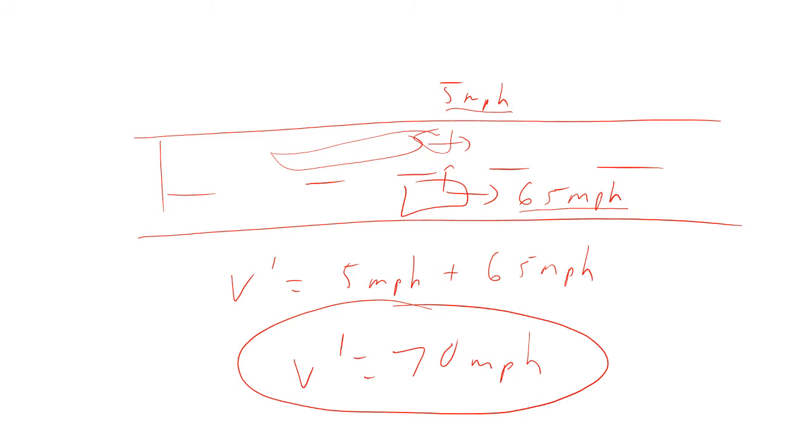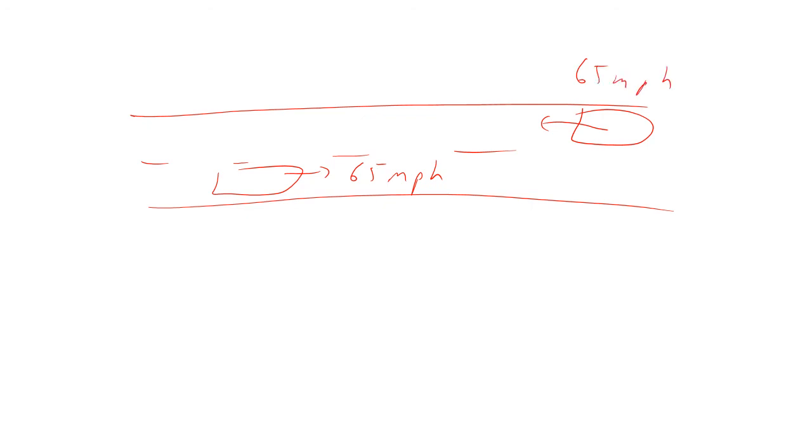You were doing relative motion without realizing you were doing relative motion. Likewise, you can have a car going this way at 65 miles per hour, and another car going this way at 65 miles per hour, and one driver's not paying attention, messing with their phone or something, and they cross over, and we have a head-on collision. Well, how fast are the cars running into each other?